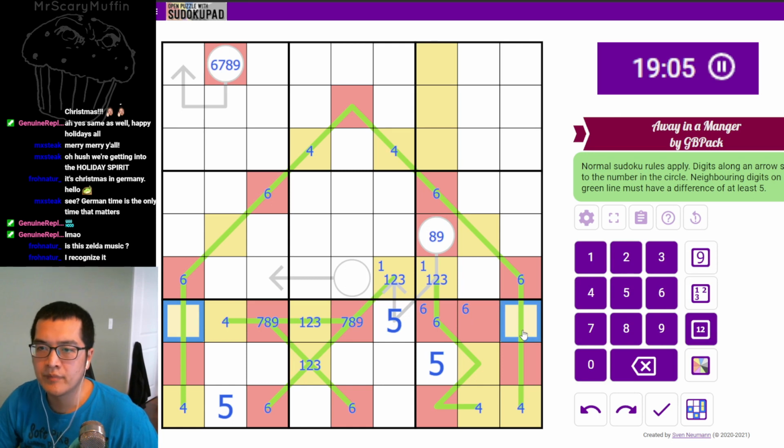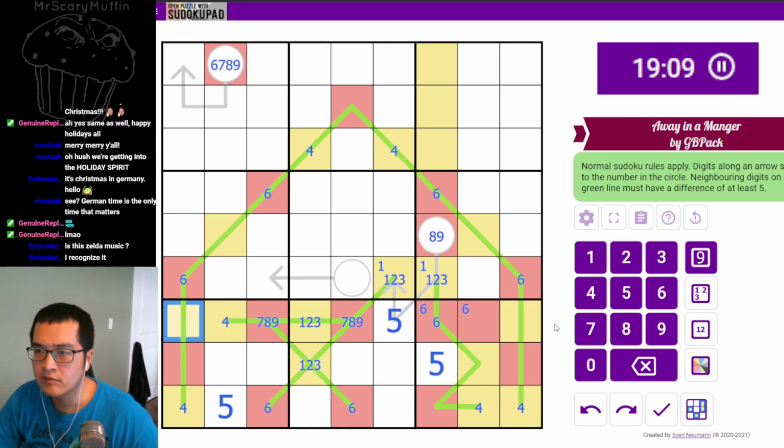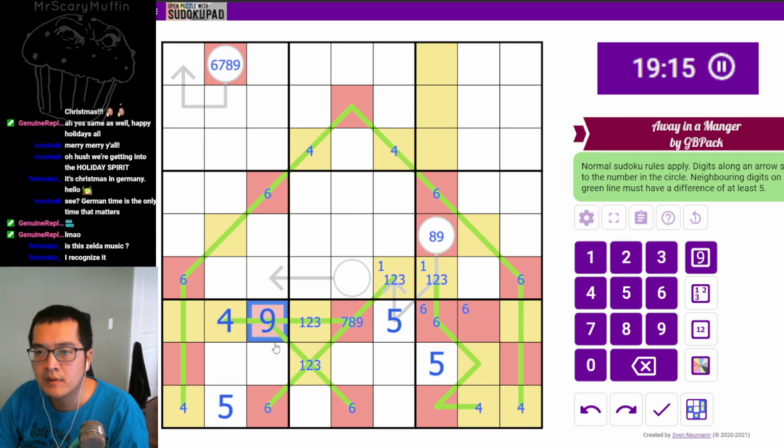Aha. 4s, where does 4 go in this row, right? 4 can't go here, 4 can't go here, 4 can't go here. This is the only place that a 4 can go. So that's a 4. That's a 9 now. This can't be a 9 anymore. This can't be a 4 anymore.